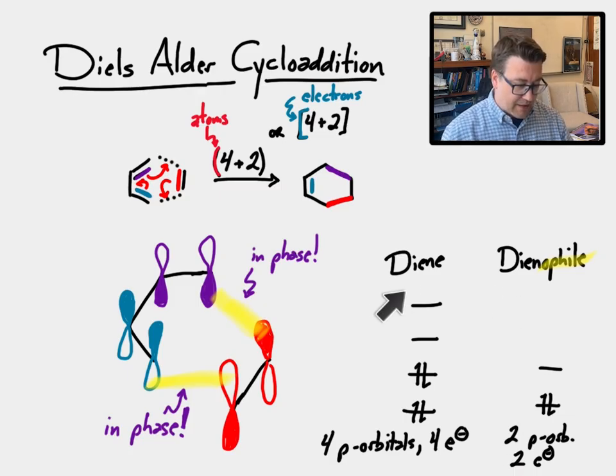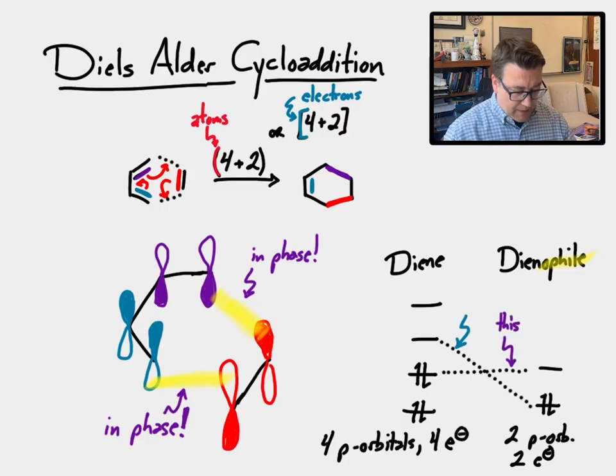We refer to the molecule that has 2 alkenes, or 4 orbitals, as the diene, and the other system as the dienophile, and I will refer to them that way moving forward. Dienophile means simply that it likes or wants a diene. Okay, and so we have 2 options for how this can react.